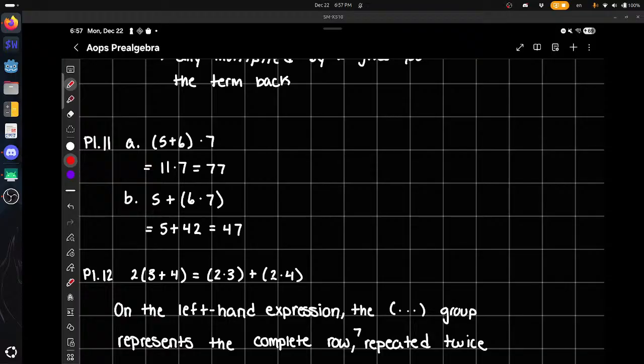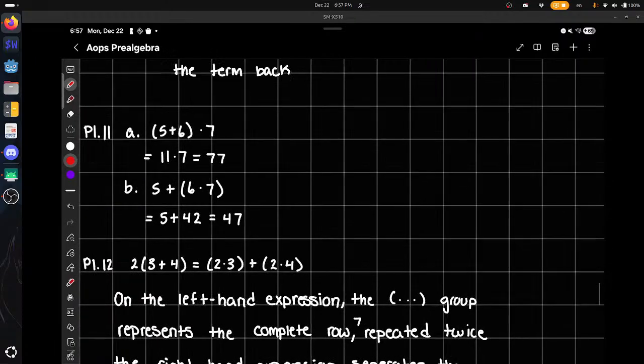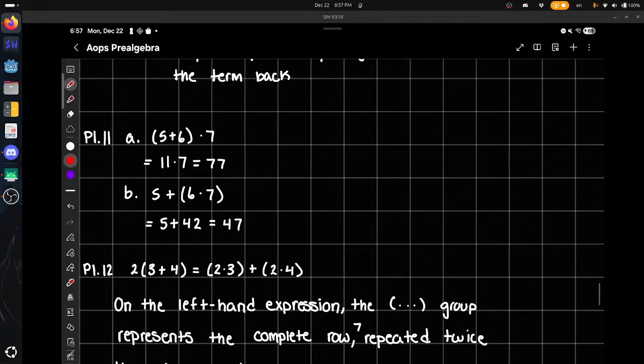I gotta read this section. So, okay, the parentheses tell us to add first. Okay, yep, we got 11, that's 77. And then for B, we have to multiply.